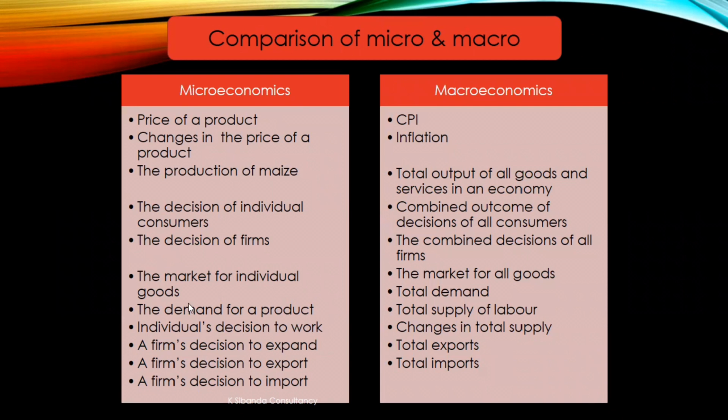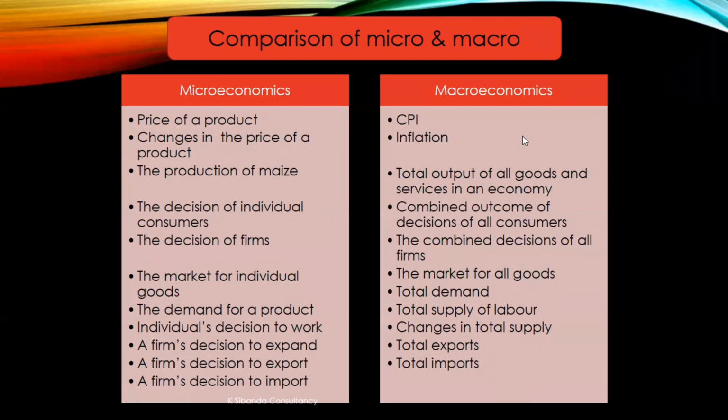Another example, I can just pick one. It says here, microeconomics looks at a firm's decision to export, right? An individual firm in a certain industry, in a certain location, deciding to produce more than what is needed by the consumers that it supplies, then it exports that excess output to other countries. That's an individual firm.